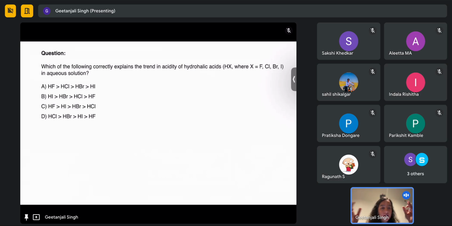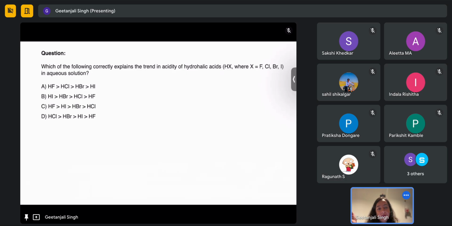Again, you can keep the CARDIO in your mind. C stands for charge. You can see there is no charge here, and if you consider charge after the dissociation, the charge will be the same in all the compounds because these are all hydrohalic acids: F minus, Cl minus, Br minus, I minus. So you don't have to consider charge here.